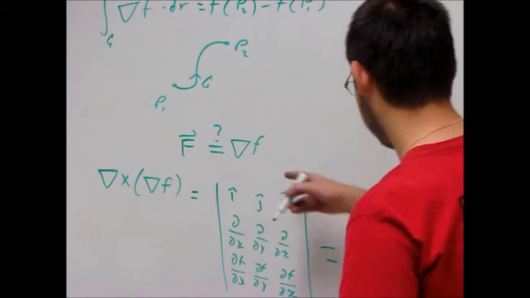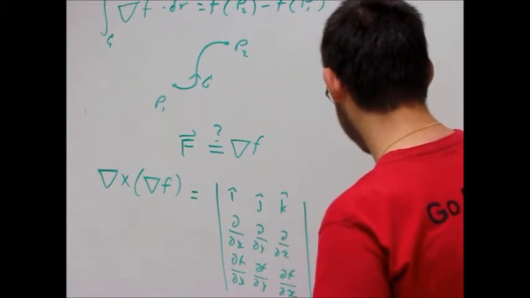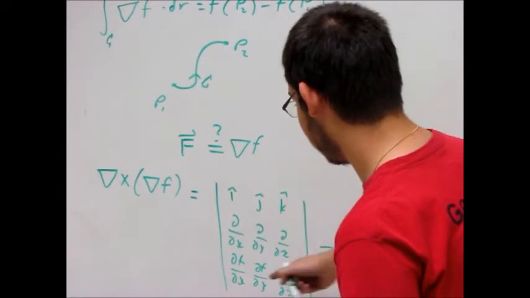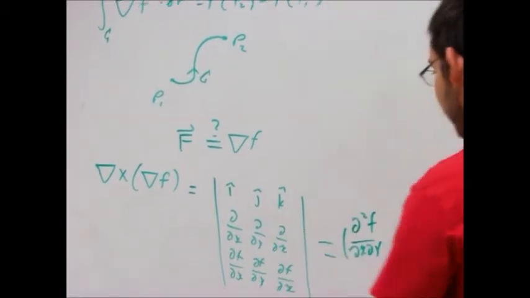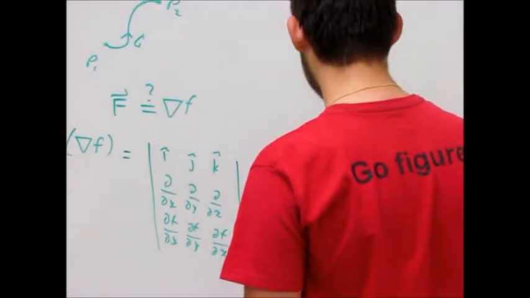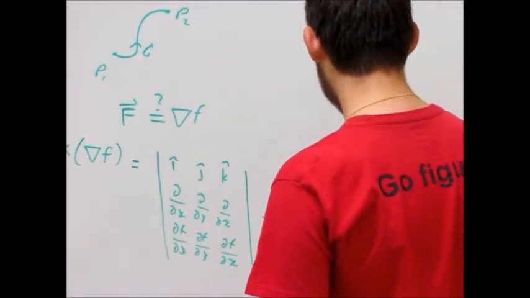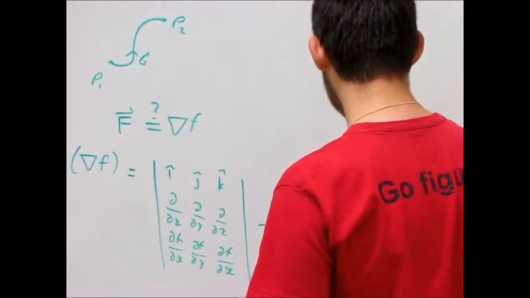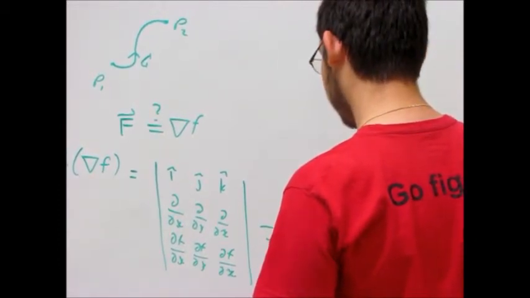Actually, let's do it this way. Plus, let's do j. So j is partial with respect to z of the partial of f with respect to x. That's going to be x first, and then z, right?